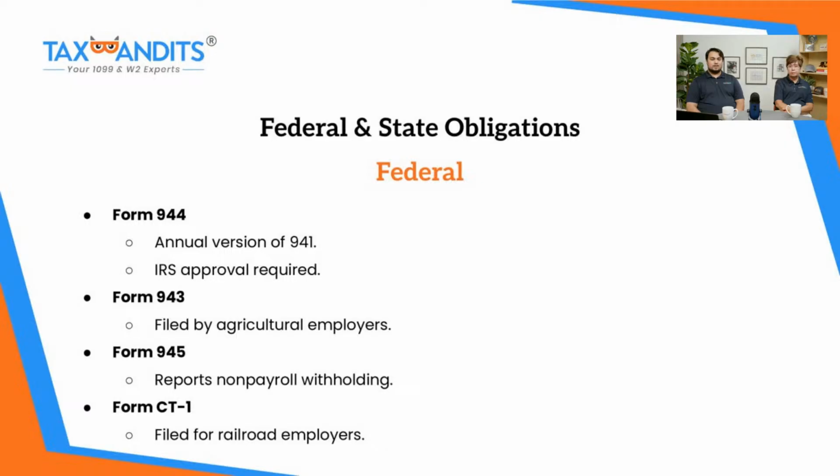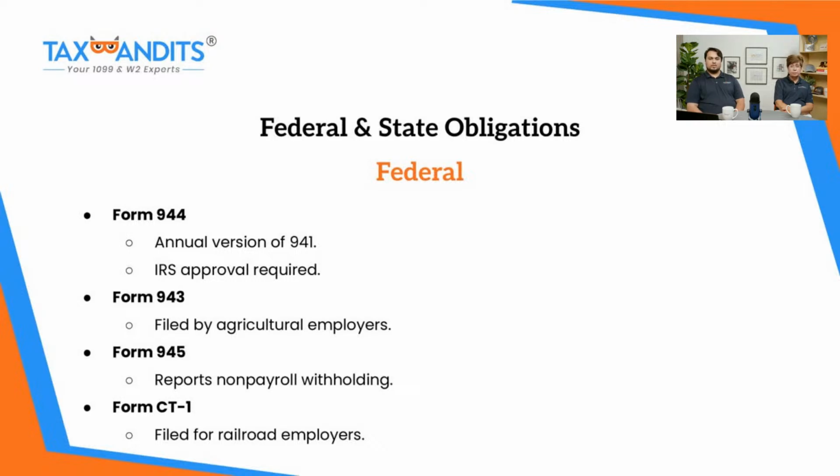The 945 is specific to non-payroll withholding. So this is a little different in that it's not necessarily wages, whereas 941, 943, 944, those are all coming from payroll taxes and payroll that's been run and paid out to employees. 945 is typically for non-payroll withholding, so non-wage payments.